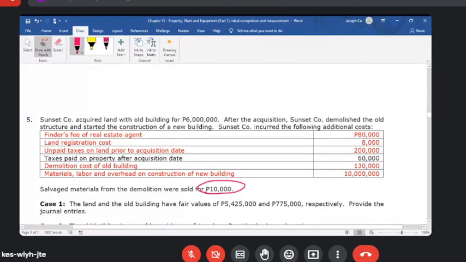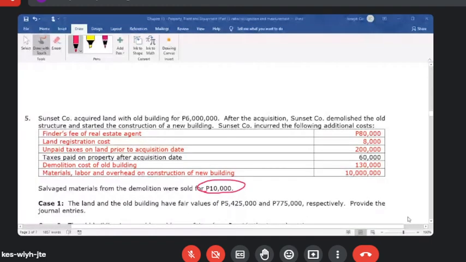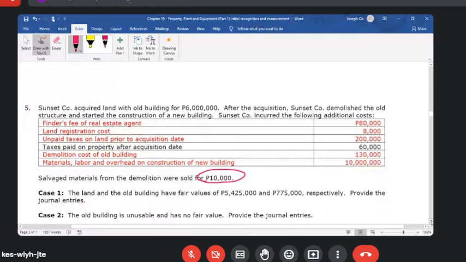Case 1, the land and old building and no par value, provide the journal entry.